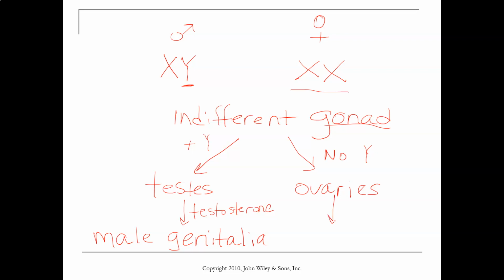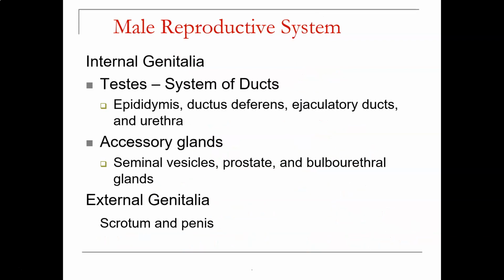And in ovaries, again, the female is more of the default sex. In the absence of testosterone, you get female genitalia. I'm talking about ducts and uterus and glands. So that's a little overview of the embryology of male versus female reproductive systems.